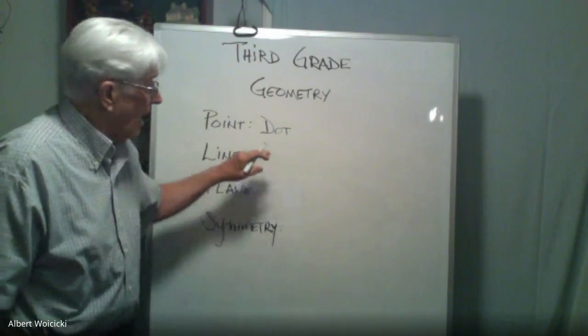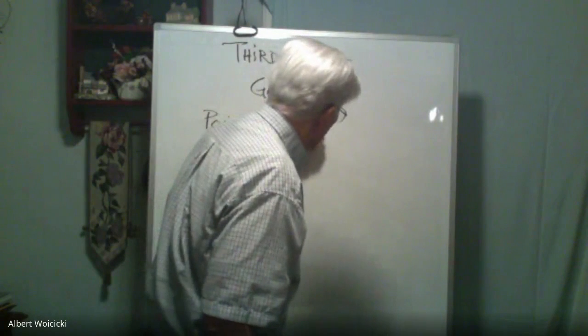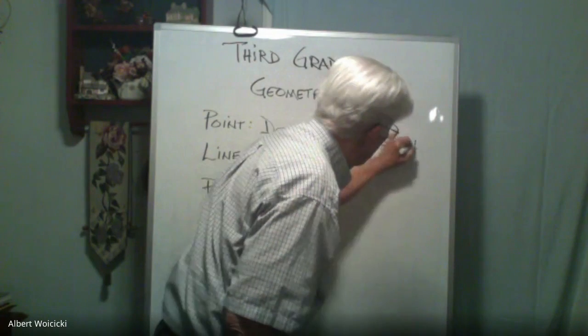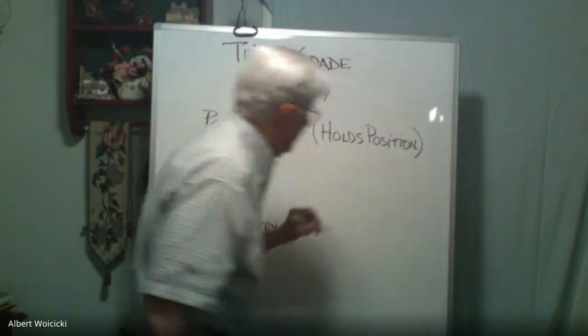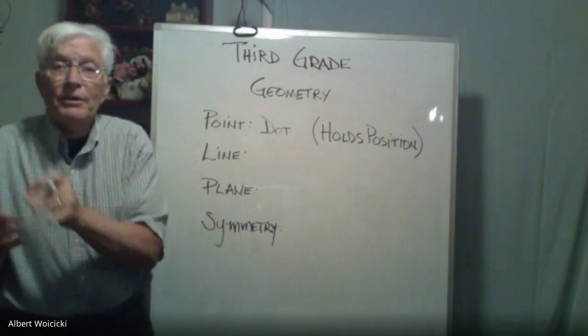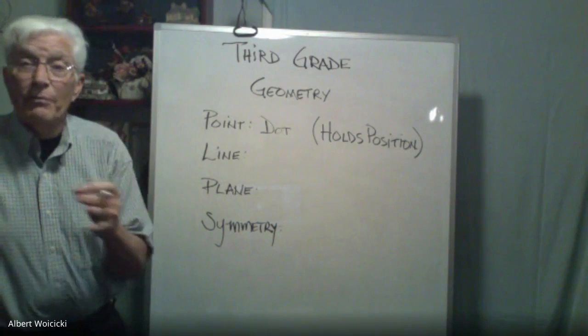Because a point holds position. That's what you want them to understand. It holds position. That's what it does. It's like a place on a map. It holds position. Does it have any dimension?